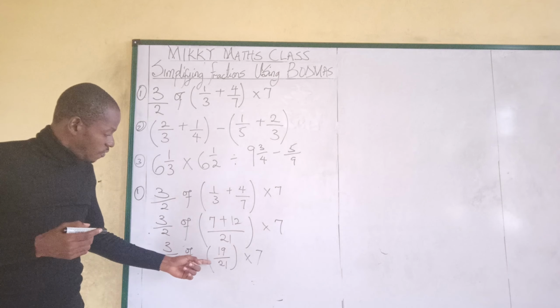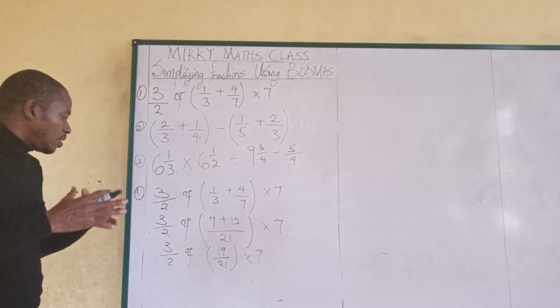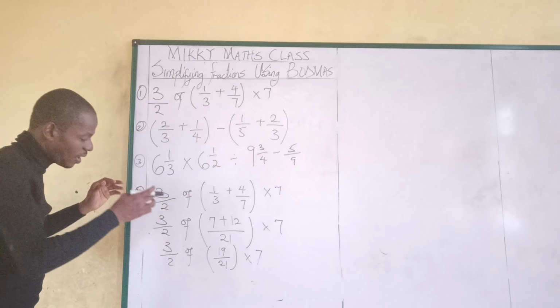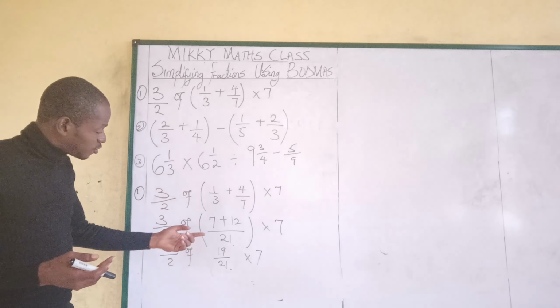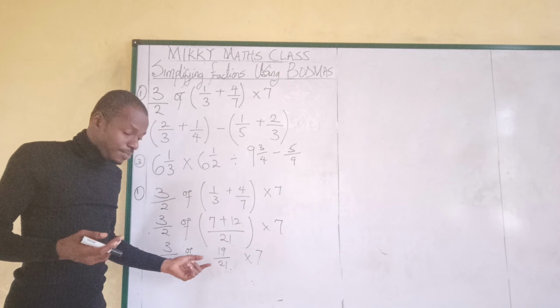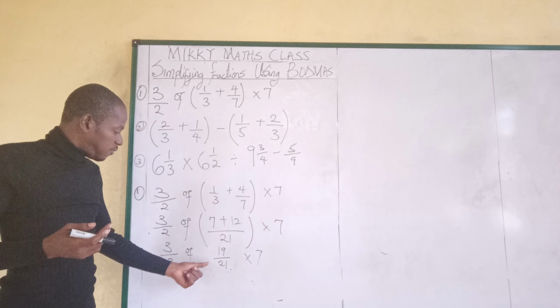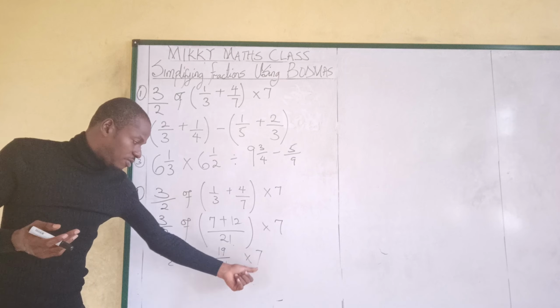We are done with the bracket, so we remove it. We have solved what is in the bracket. So we are left with 3 over 2 of 19 over 21 times 7.